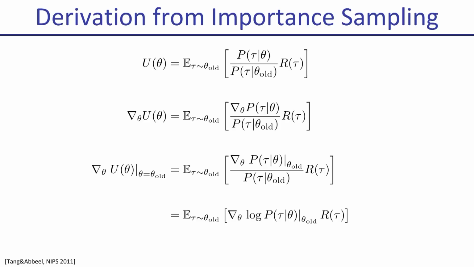We said if we're curious about other policies, even if we have trajectories from an old policy, we can understand how good this other policy is going to be. Let's look locally if we deviate from theta old, and it gives us the same gradient. What it also means is that you can, in principle, do more. You can also use the original equation to see, if you change your policy after your gradient update, how good that update was, rather than just blindly trusting that your gradient put you in a good spot.